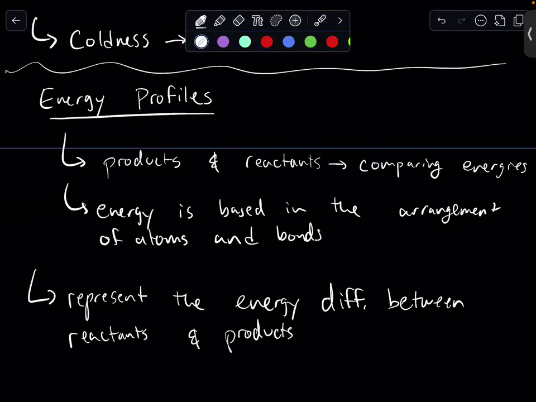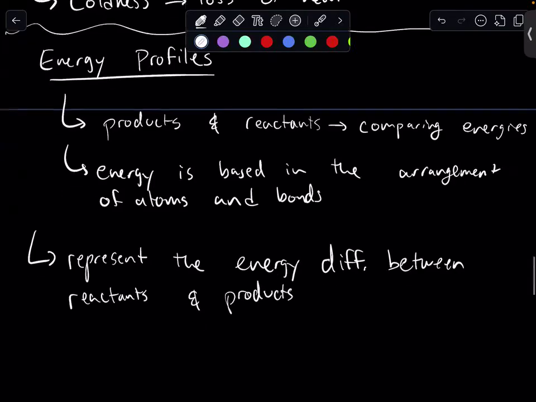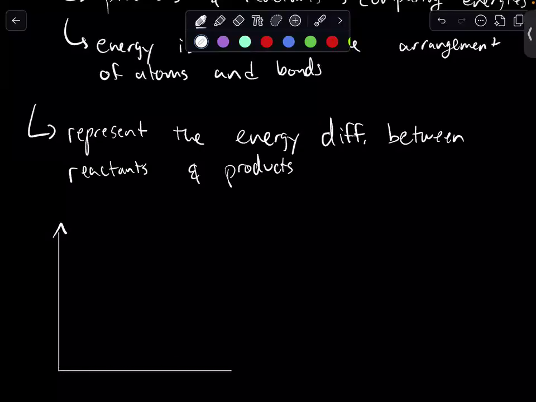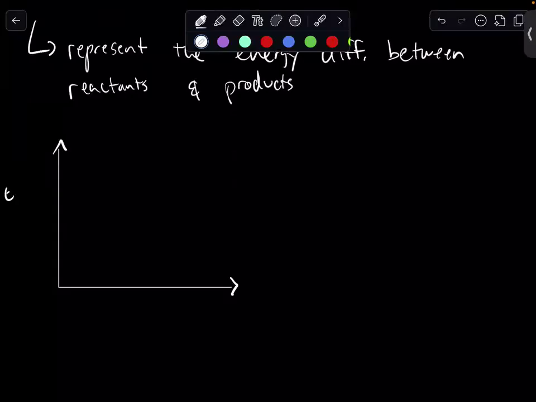So what do these profiles actually look like? Well, this is what the IB wants you to be able to draw and read. So we'll do two different energy profiles. And I'll put my units here, energy, and this is specifically chemical potential energy because it's the energy in bonds. And on our x-axis, we'll have reaction coordinate.